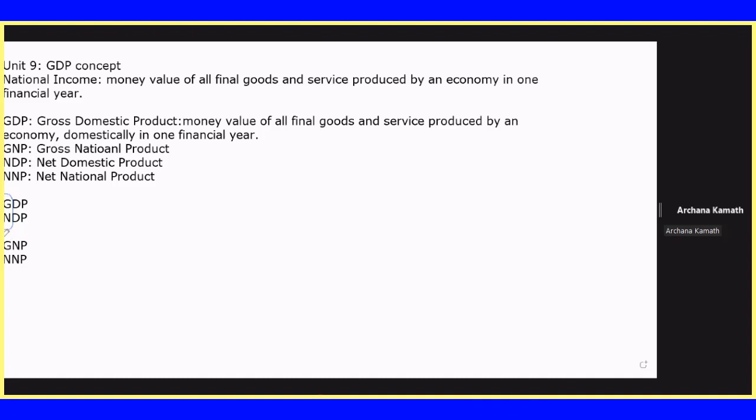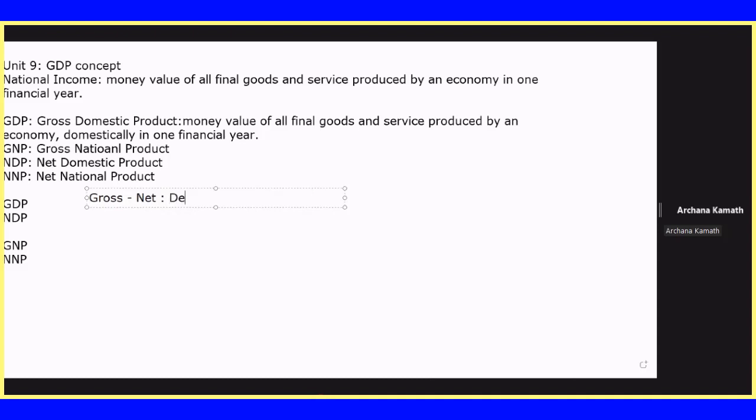Again for the second, national product is the same, but gross and net is the difference. So gross and net is a common difference which we speak of all the time, let it be salary, profit, investment, weight, anything.